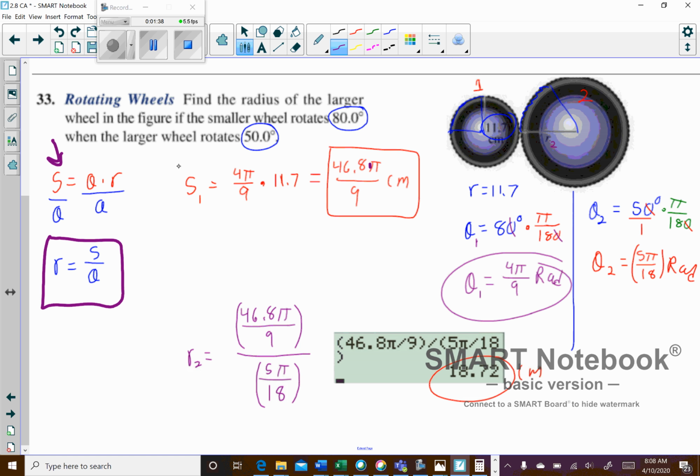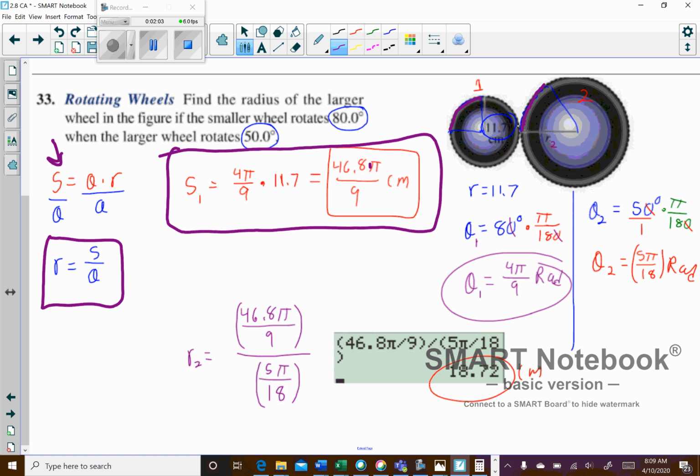And so that's what I have right here. Okay, so I figured out the arc length of the small gear, which actually is the same as the arc length of the large gear. So when this one turns 80 degrees, it's going to cause this one to turn 50 degrees, but that arc length is going to be the same distance that was over here.